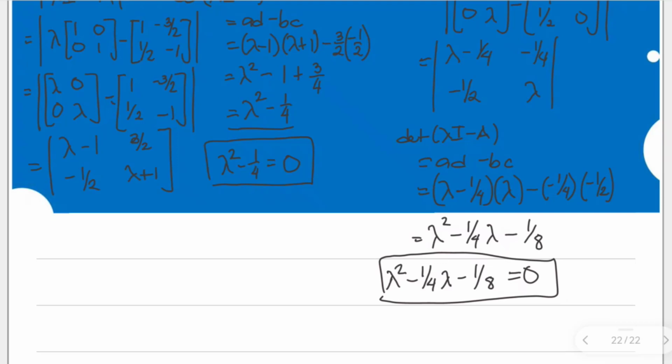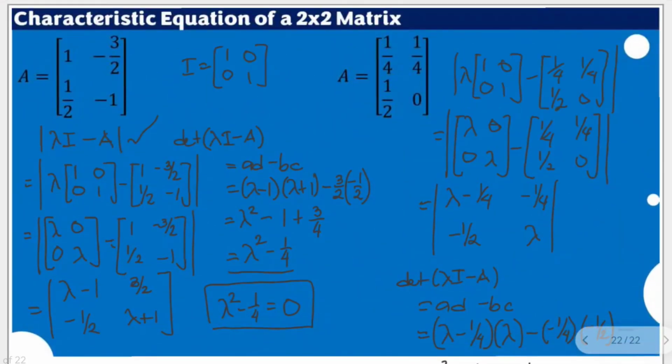So again, we simply use the determinant and then apply the necessary operations in order for us to come up with this expression here. So these are the processes in solving for the characteristic equation.